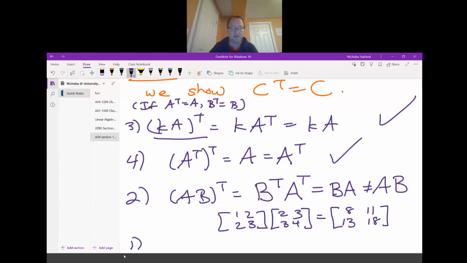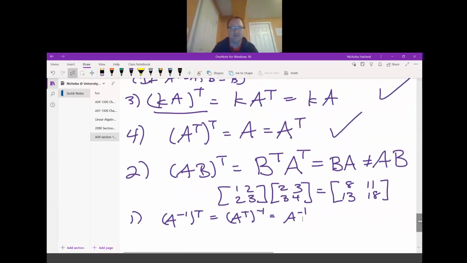As for one, yes, A inverse transpose and A transpose inverse would be the same. So yes, it was 1, 3, and 4. So the correct ones were 1, 3, and 4. The inverse of a symmetric matrix is symmetric.